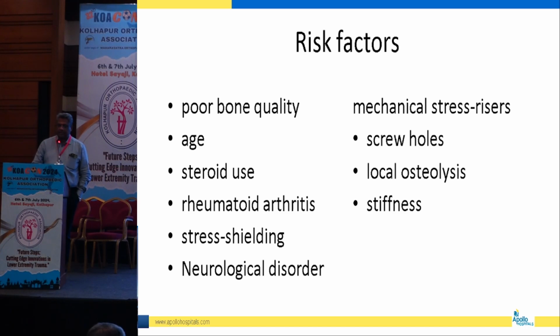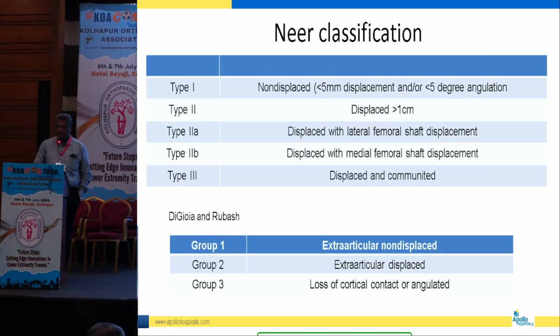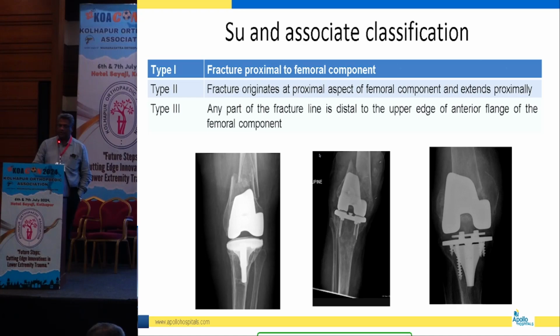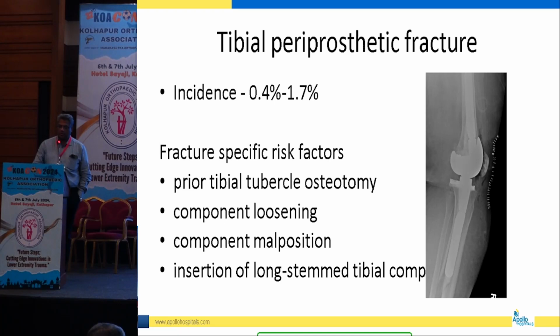For distal femoral fractures, the incidence is 0.3 to 2.5%. The fracture classification we have used is type 1, type 2 and type 3, based on how distal the fracture goes to the prosthesis and whether the prosthesis is loose or not. Tibial periprosthetic fractures have an incidence of 0.4 to 1.7%.